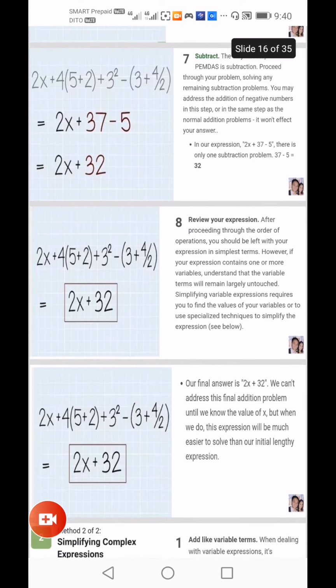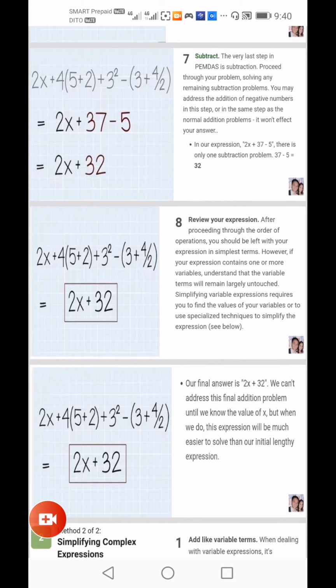Review your expression. After proceeding through the order of operations, you should be left with your expression in simplest terms. However, if your expression contains one or more variables, understand that the variable terms will remain largely untouched.